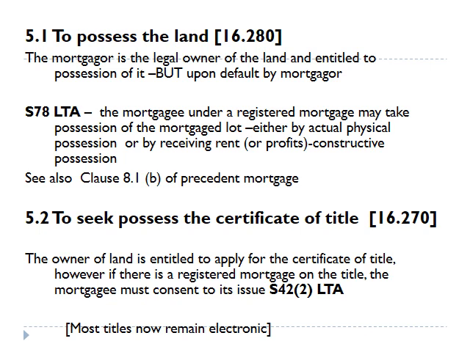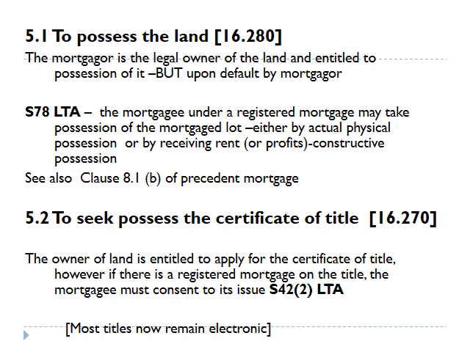You will see this right in clause 8.1b of the precedent mortgage in the CMD. So the right to possess the land really is an obvious one, as the mortgage remains a charge.